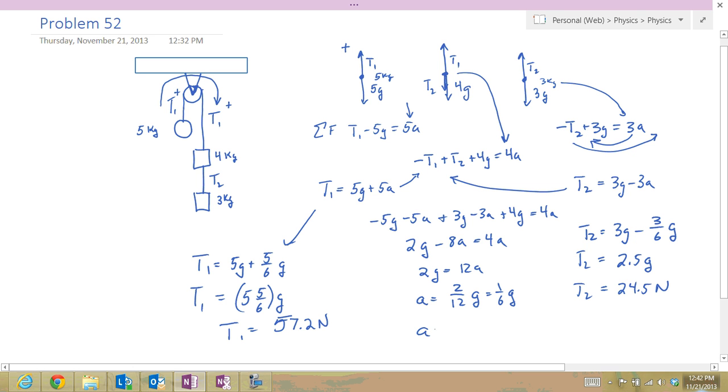And the acceleration is equal to 1.63 meters per second squared. Again, hopefully I've done all of my algebra and arithmetic correctly. There's my solution. T1, T2, and a.